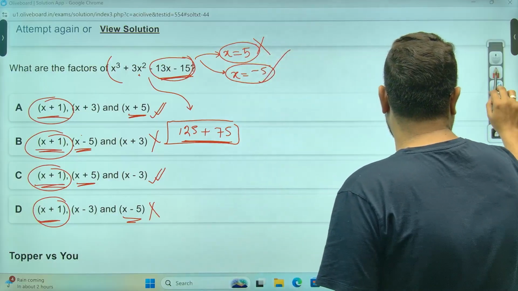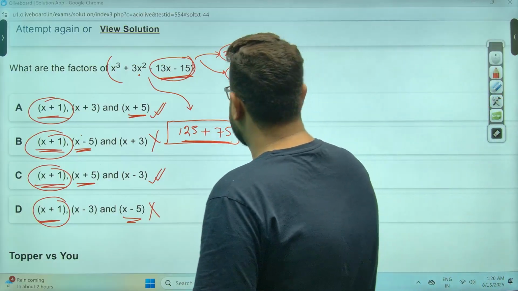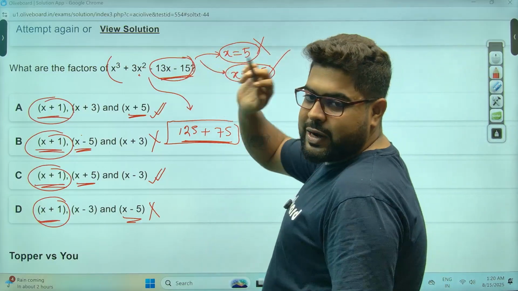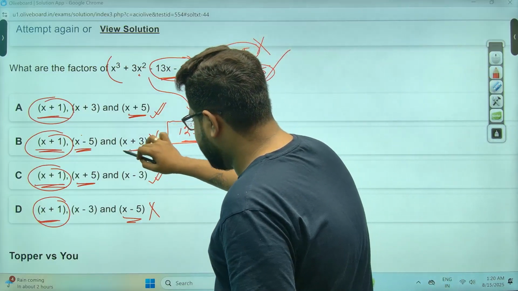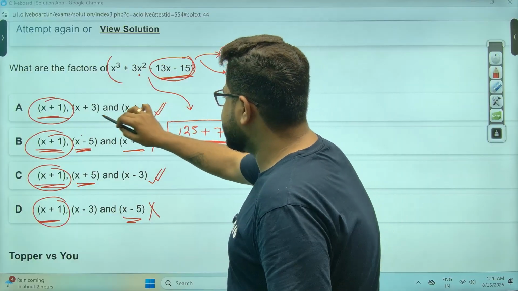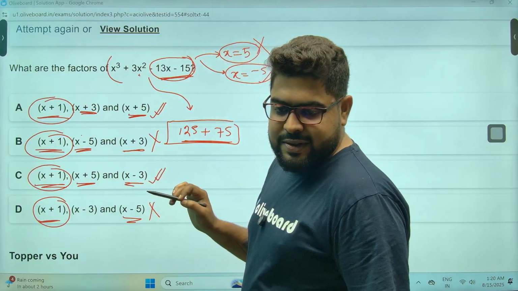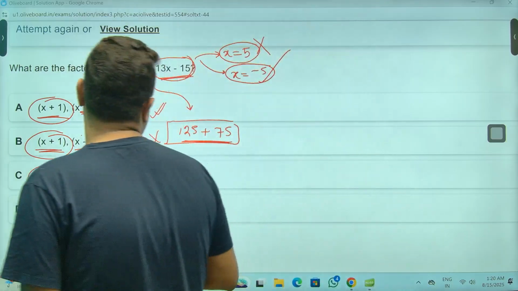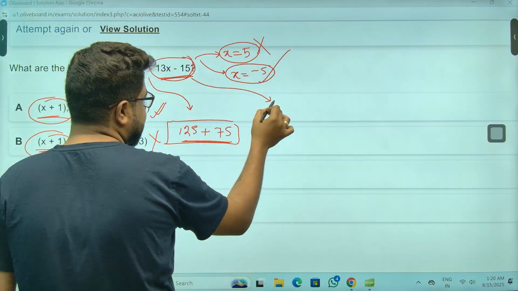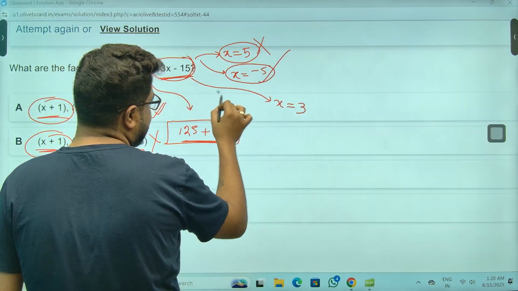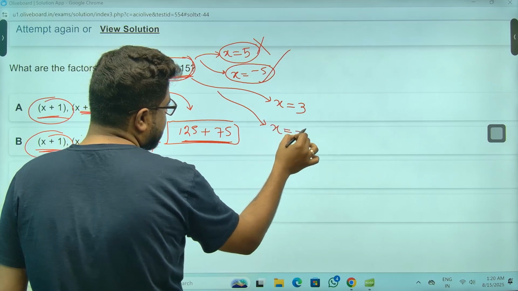Understand, sir? See how I'm eliminating. Now I'm left with one more question. It is plus 3 here and it is minus 3 here. Let's check. So I'll now check for the same thing. It can be x equal to 3 or x equal to minus 3.